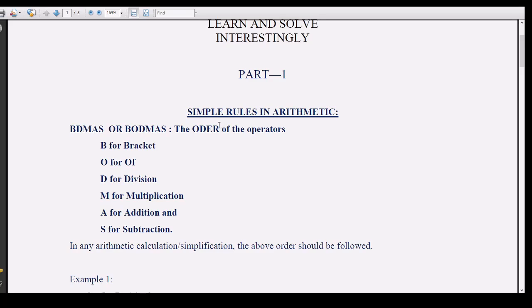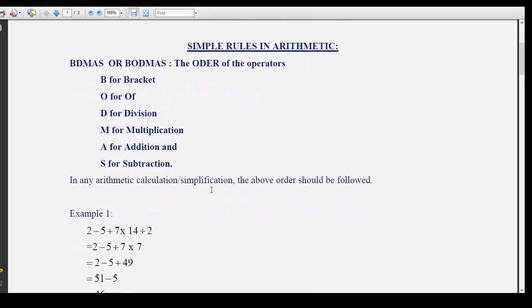The order should be in this form: B for bracket, O for of, D for division, M for multiplication, A for addition, and the last, S for subtraction. This means the order of these operators should be followed in doing any simplification.